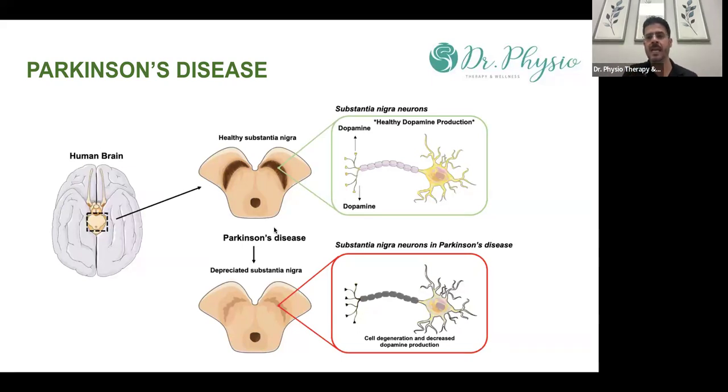Then because there's some deficiency of the production of dopamine in that area, it becomes a little bit less dark, less evident, and that's where we know the deficiency is taking place. Just a little bit of information for the graphics, so you can see it.